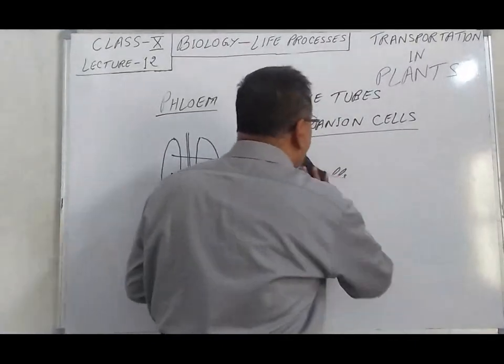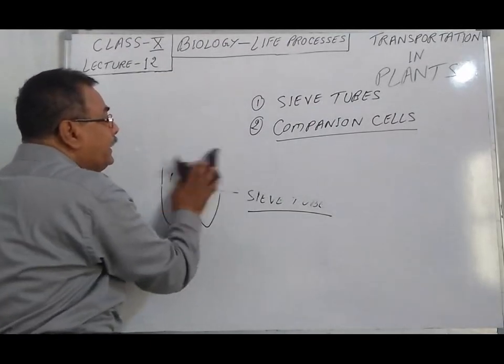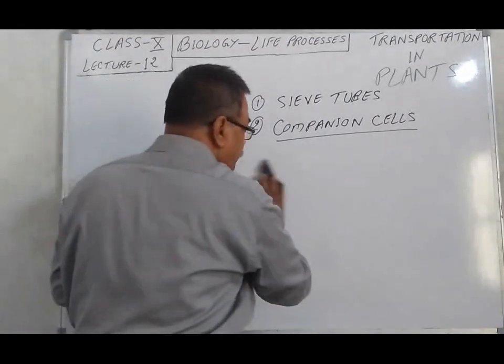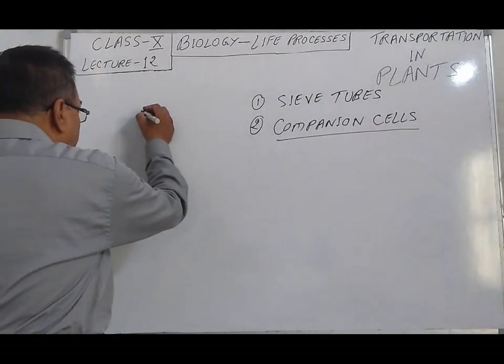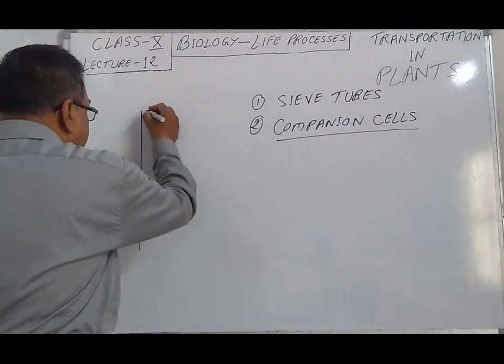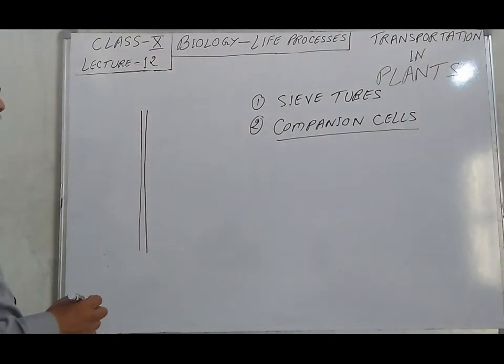The transport of water in xylem, as we have seen, does not require any energy. But in the case of phloem, energy is utilized as ATP, adenosine triphosphate.